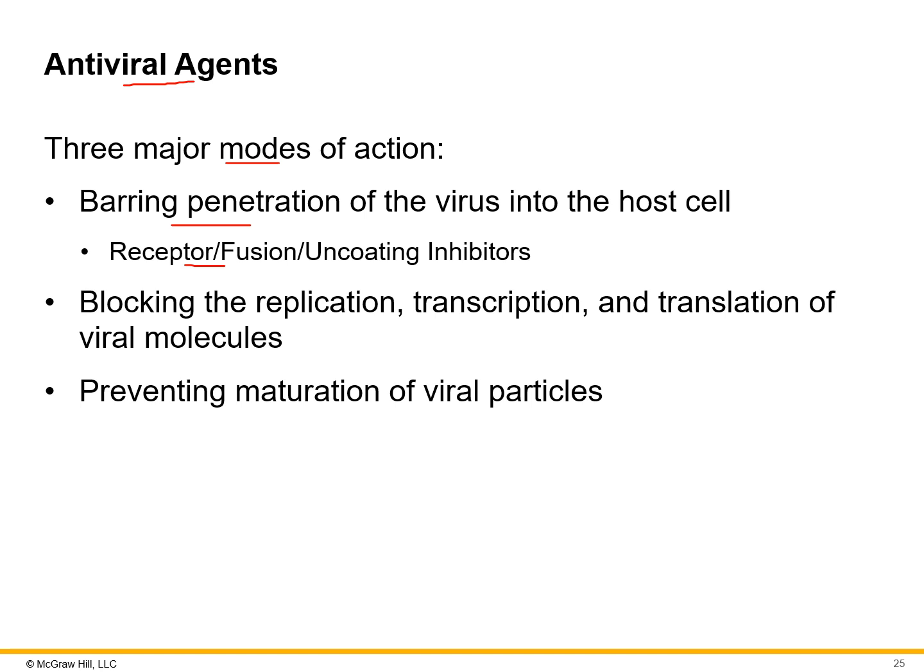If we can prevent it from getting into the cell, we can prevent the infection. Other ways is to prevent replication or transcription, especially like with HIV, where it's a retrovirus. It has a specific enzyme it carries with it. So that's a nice target. Some other viruses have unique enzymes, but again, most of them use the host cell. So there's not a way to target the virus.